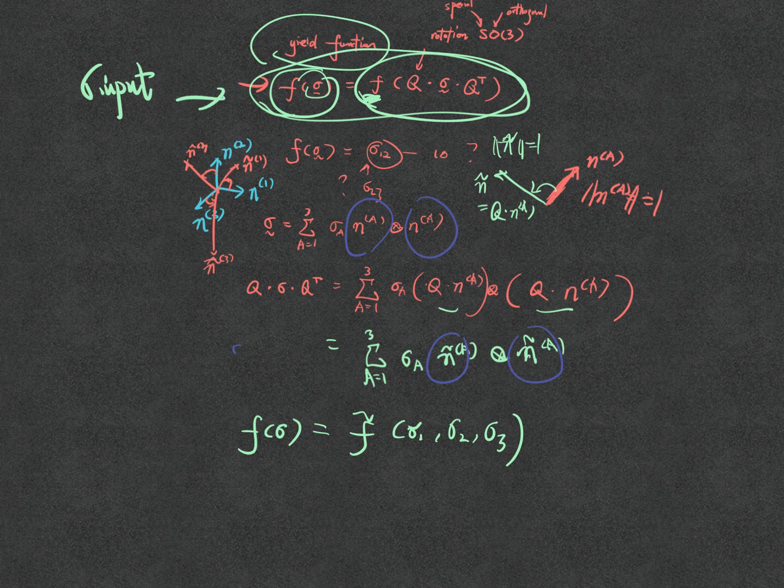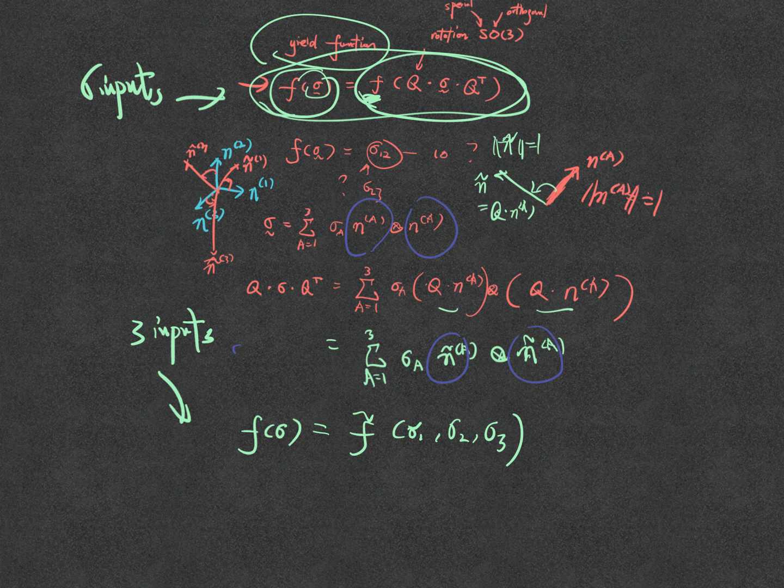There are 6 independent components in the Cauchy stress tensor, but now I reduce to 3 inputs, just the eigenvalues of a 3 by 3 matrix, okay? So I make the problem easier. In exchange, I cannot model any anisotropic material anymore. Okay, you see the trade-off?